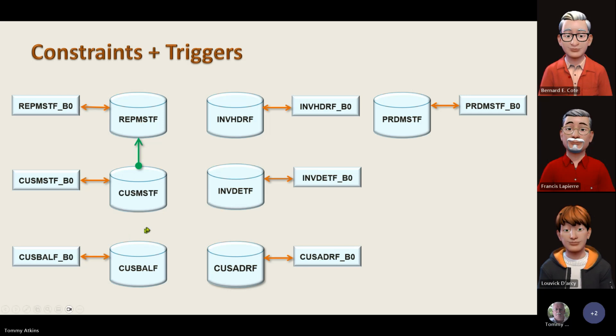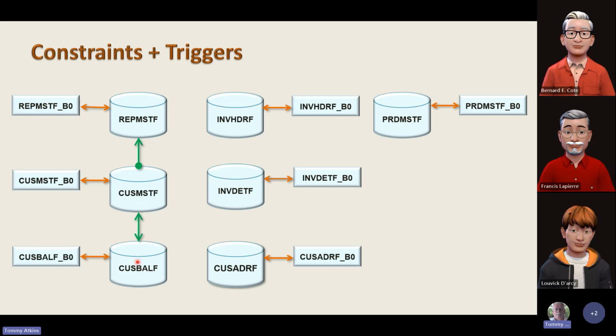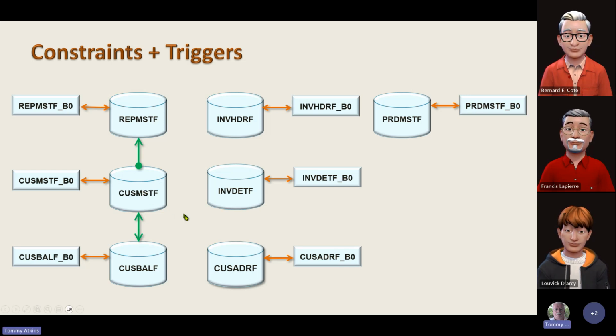Then we add another relationship here. This one, however, is a one-to-one relationship because the customer code and the customer code are both keys on that file. There's a one-to-one relationship, i.e. you can only have one balances file for each customer. That's why it's a one-to-one. Right, then let's look again at what we can do here.